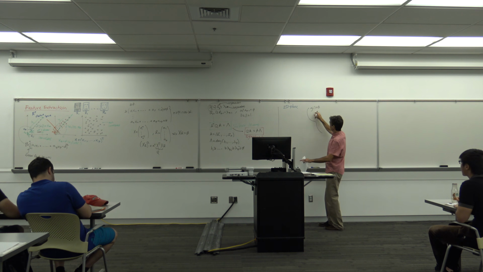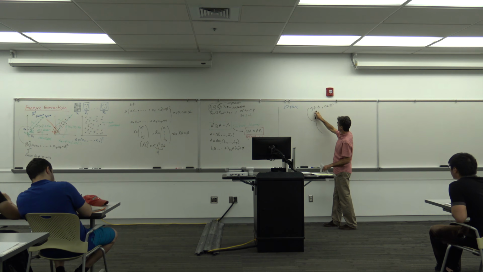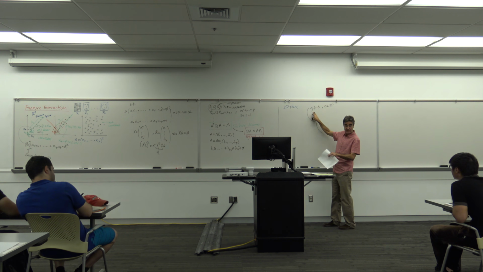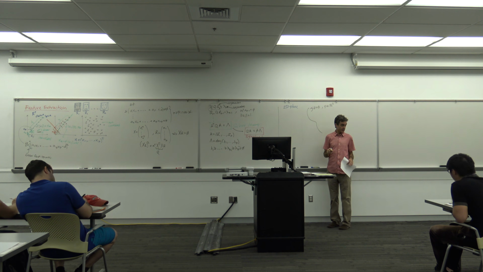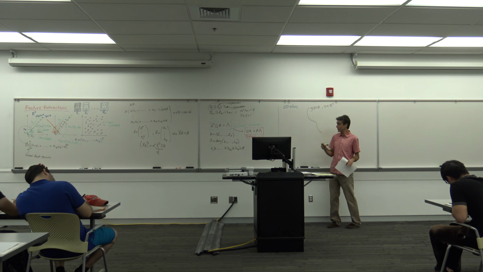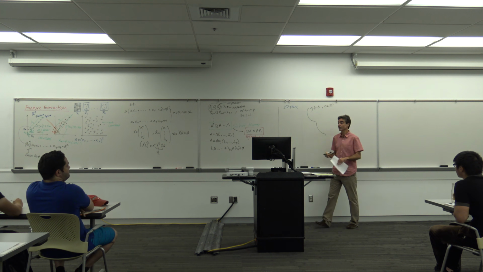For any point p in my two-dimensional plane for which this function g of p is equal to 0, it means that p is on that curve right here, represented by a function. Okay.